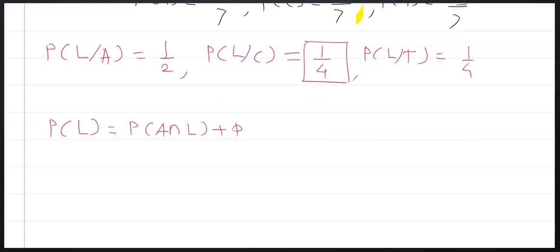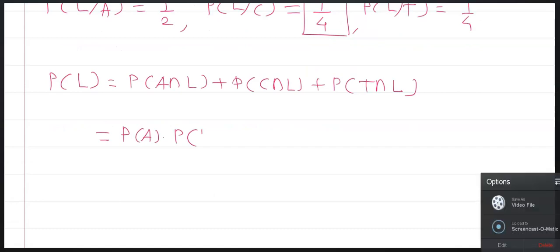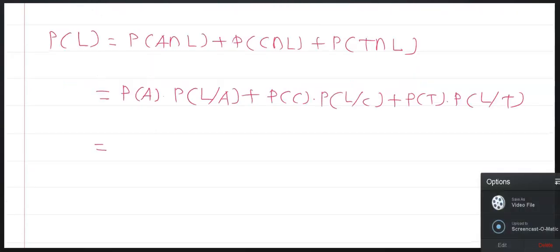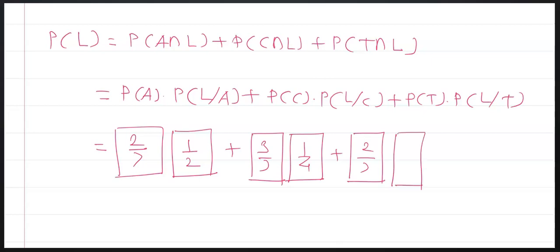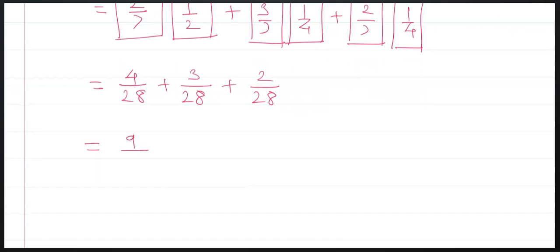That is, the probability of L is equal to the probability of A intersection L plus the probability of C intersection L plus the probability of T intersection L. Substitute the values, which is 2 by 7, 1 upon 2, 3 by 7, 1 by 4, 2 by 7, 1 by 4, which is 4 upon 28, 3 upon 28, 2 upon 28.